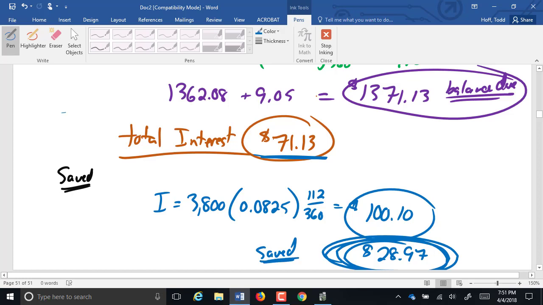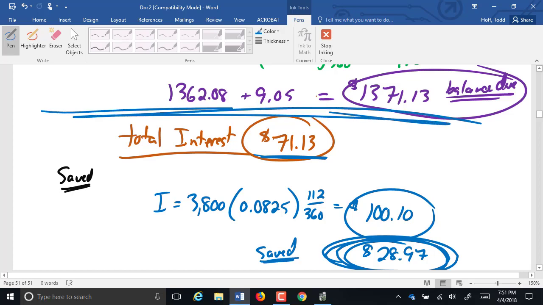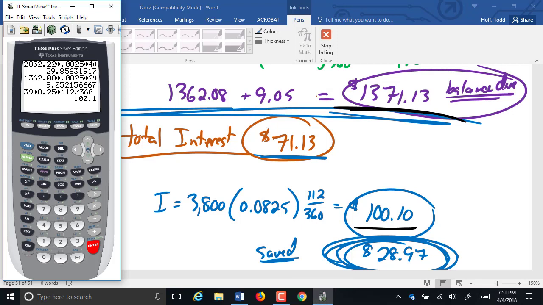Again, anything below this line, I didn't ask for in that problem. So if you got to the 1371.13, you did perfectly. How many of you got to that? Yeah. Good question. For the 100? Let me try it again.